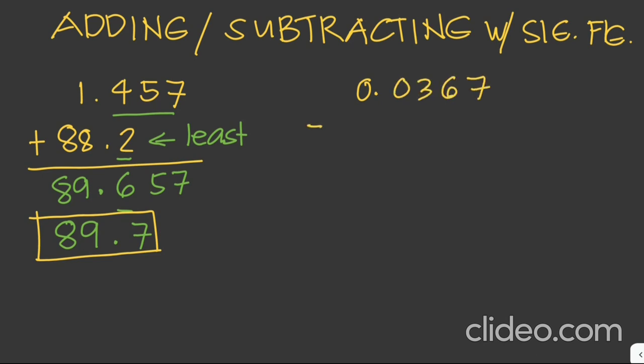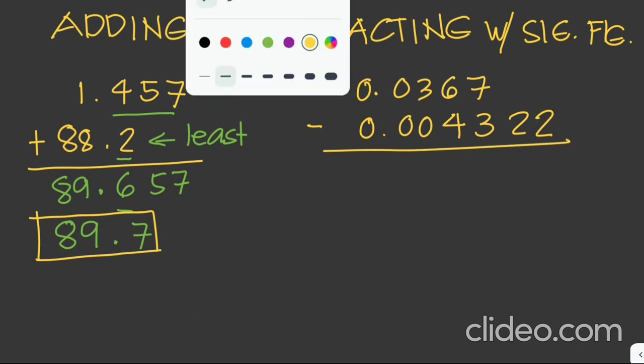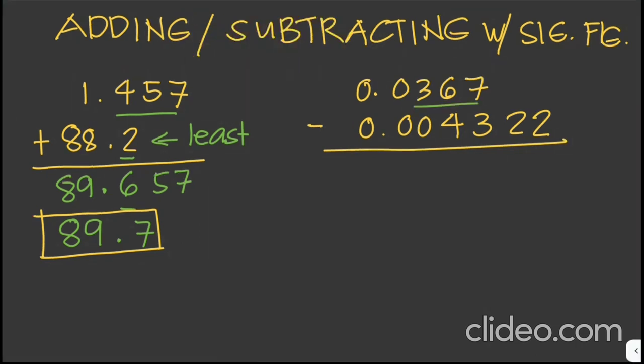0.0367 minus 0.004322. All right, in this case, the first number has 4 decimal places, while the second one has 6 decimal places. So the first number has the least number of decimal places.